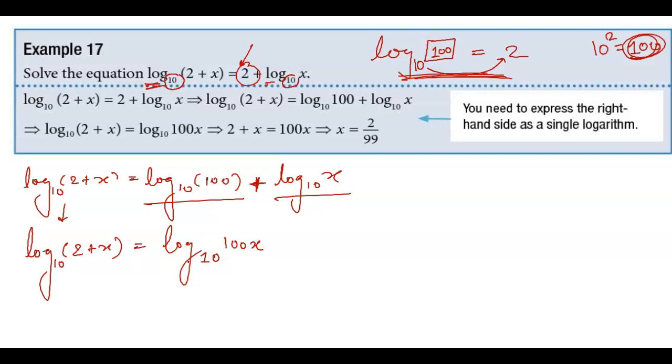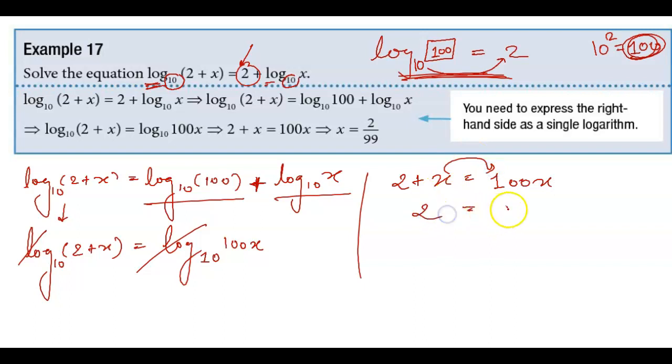Now children, can we remove log from both the sides? Yes, we can. So 2 plus x equals 100x. Take it on the other side. You will have 2 equals 99x. So x will be equal to 2 upon 99.